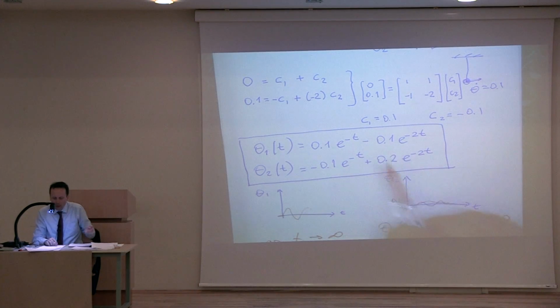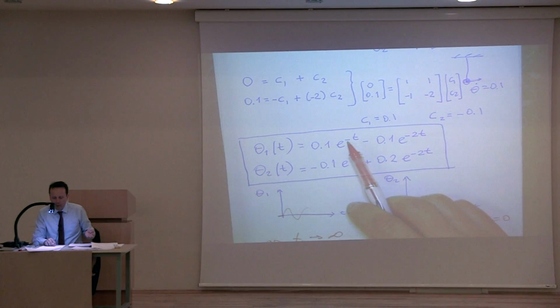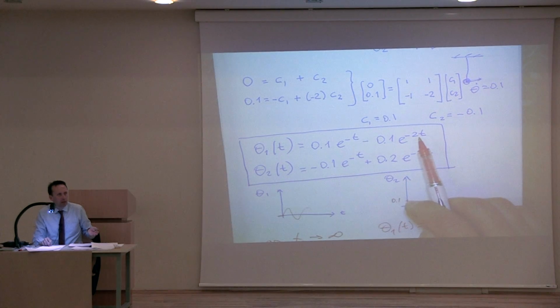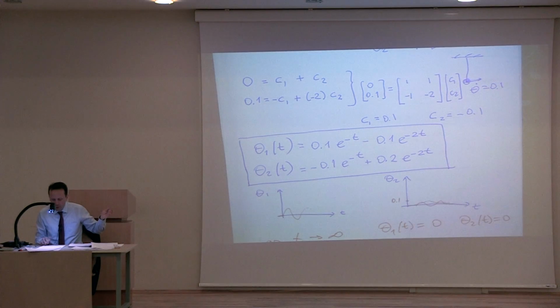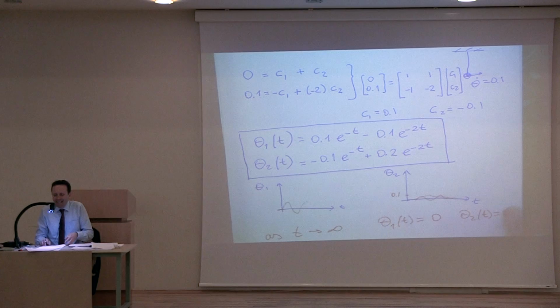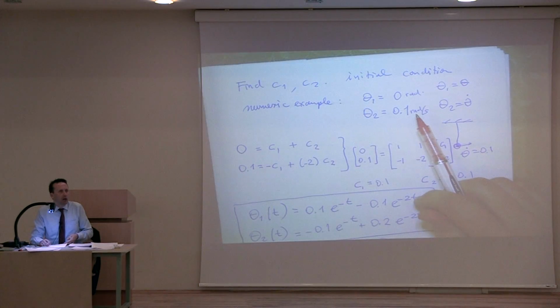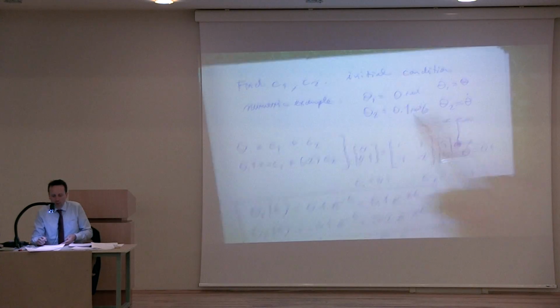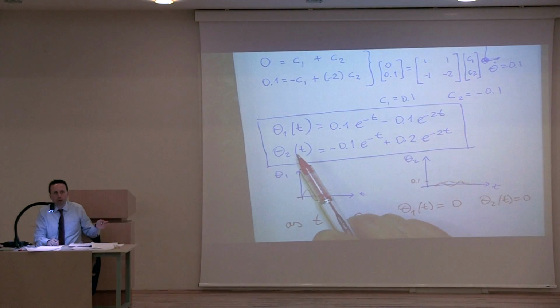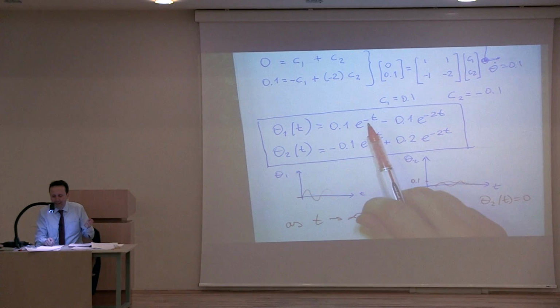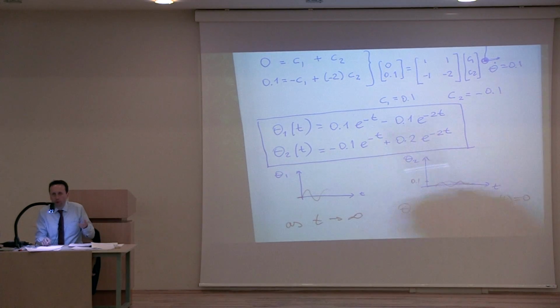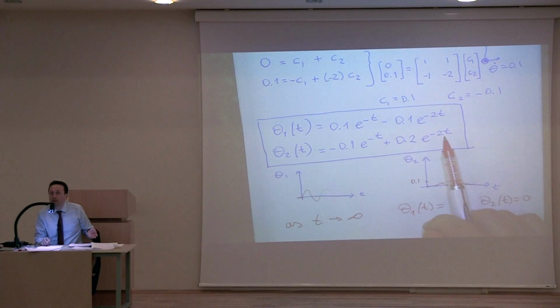So it doesn't matter where you start, as long as you have minus t and minus 2t over here, you will always go back to 0 as t goes to infinity. Isn't that correct? If you don't start at the equilibrium point, you will always go back to it as long as you have minuses on the exponentials.